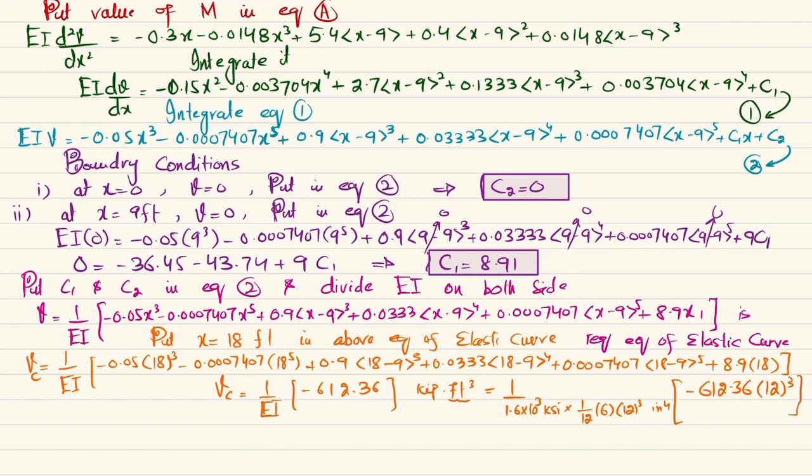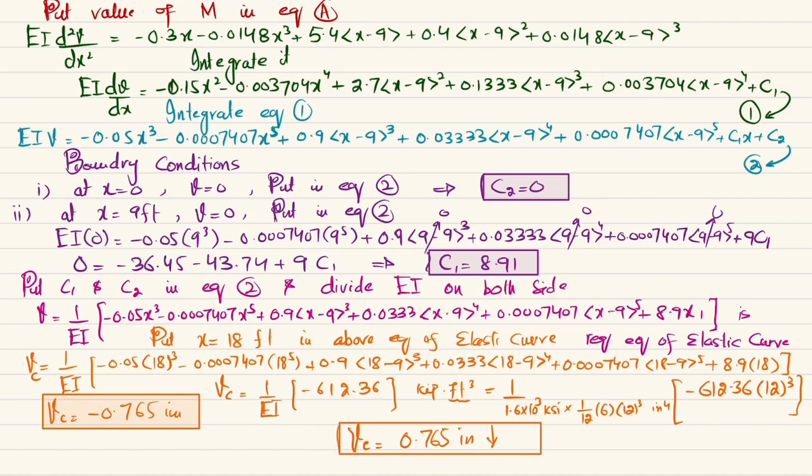When you solve this, you will get vC equal to minus 0.765 inch. Or you can say the deflection at point C is 0.765 inch, and that is downward. So this is the answer of our second part.